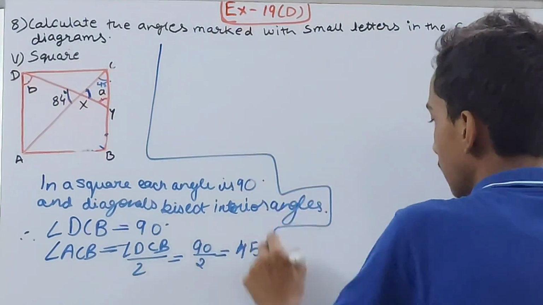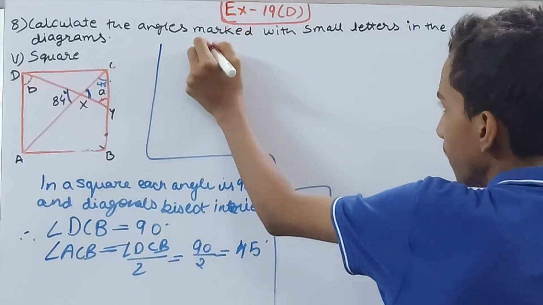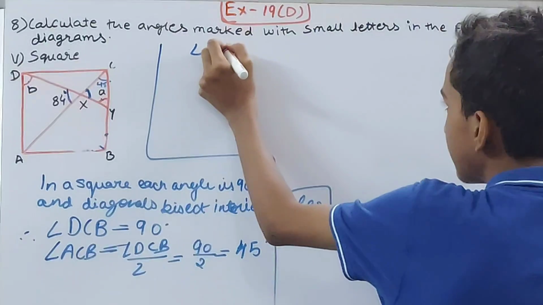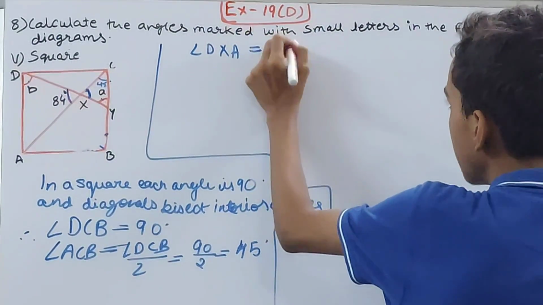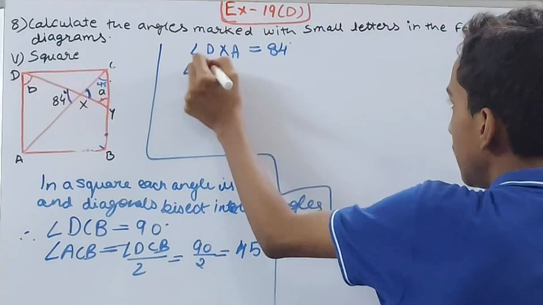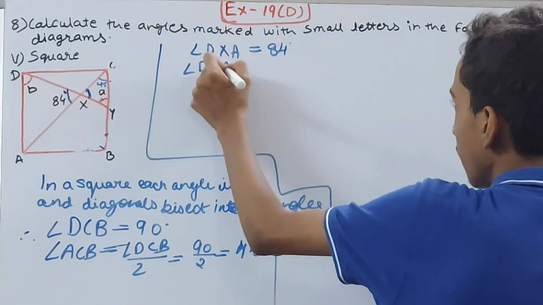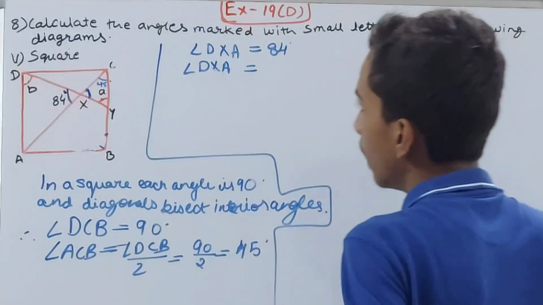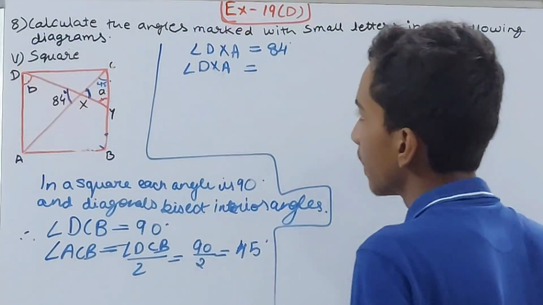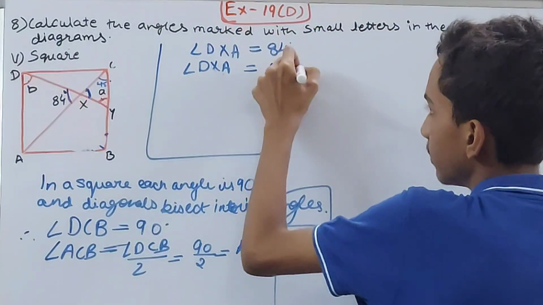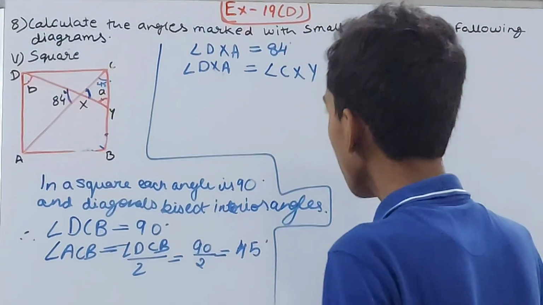Very good. Let's see. Angle DXA will be 84 degrees. That is given. So angle DXA will be equal to angle CXY, right?